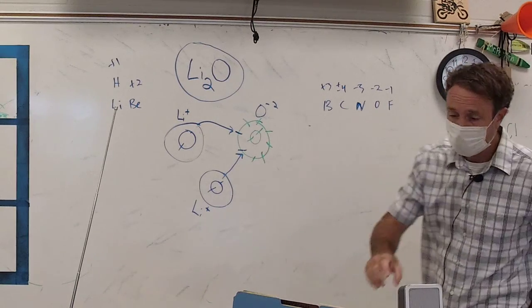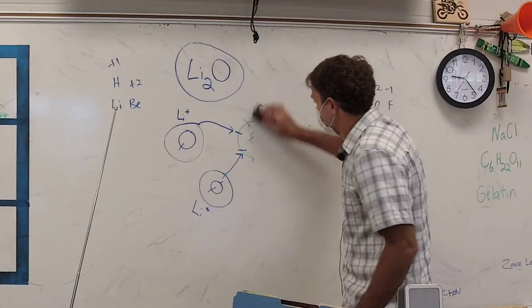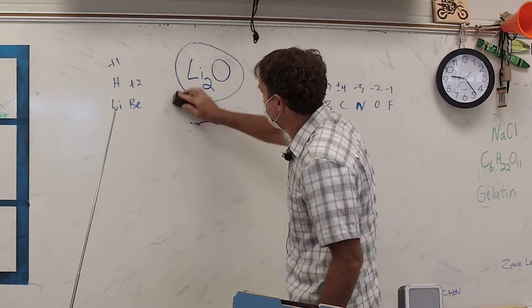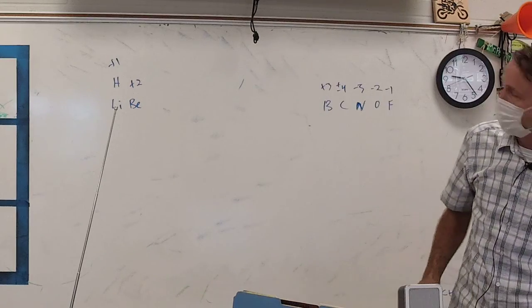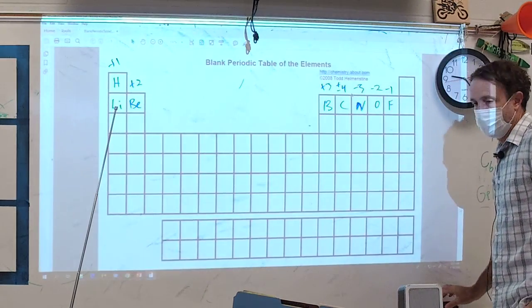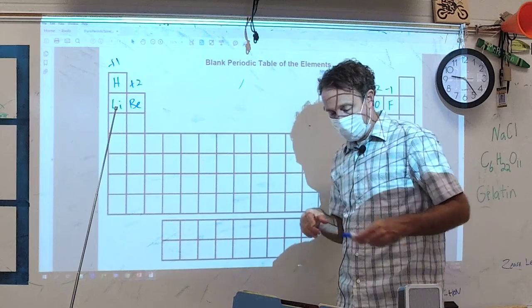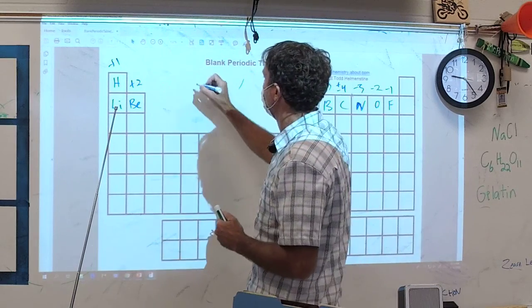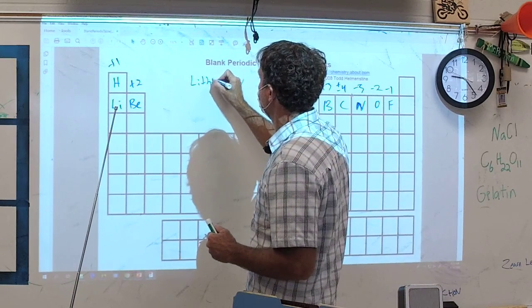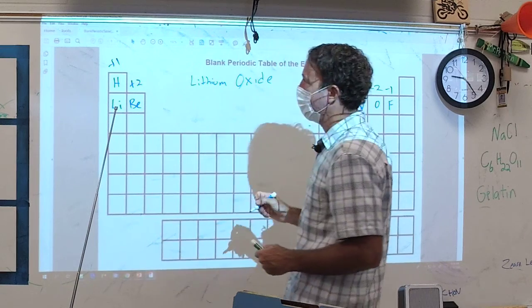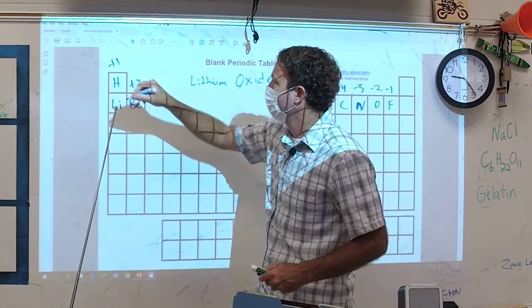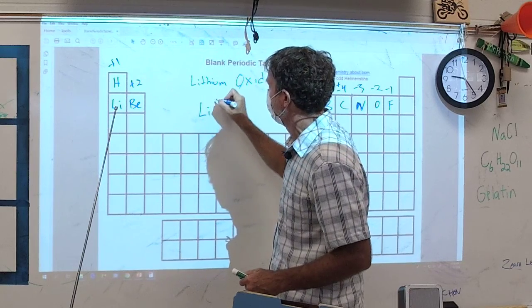Now I'm going to show you the quickest and easiest way to do it. Ready? Here's our table. I say, hey, what is the formula for lithium oxide? And you say, okay, lithium is in plus 1, so I'm going to write Li plus 1.